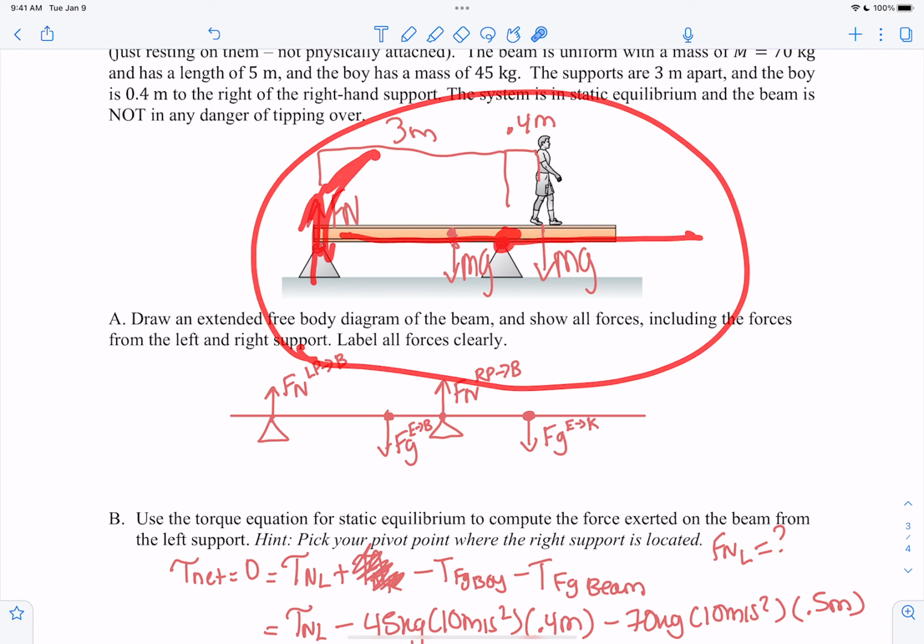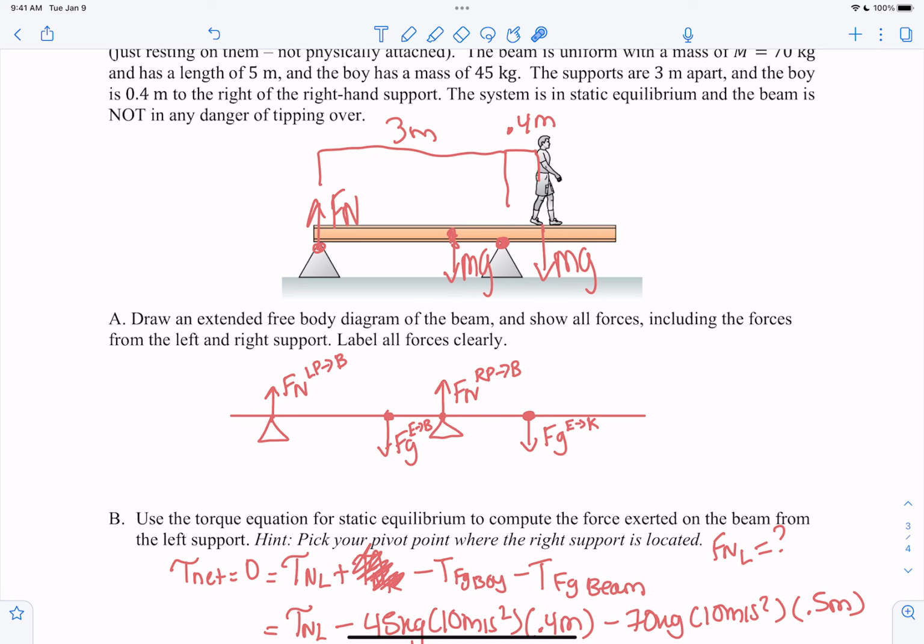If it's pushing this way, that's clockwise. Does that make sense? Now here it'd be clockwise as well, technically, right? Yeah. This would be downwards like that. Clockwise.